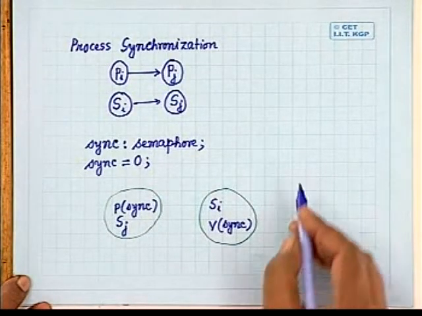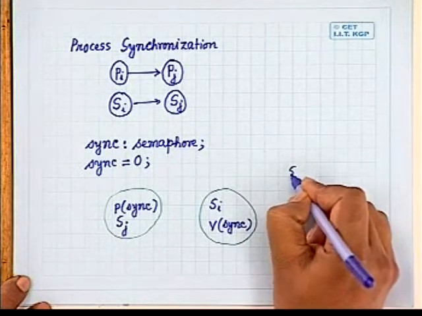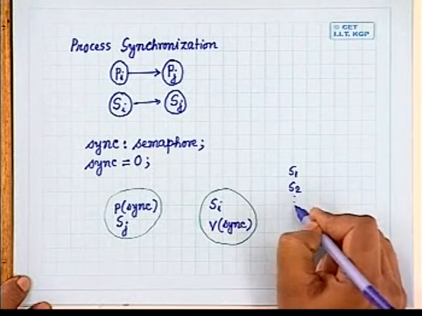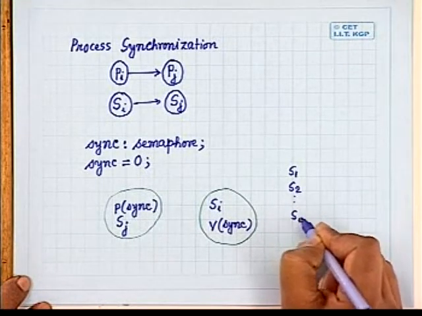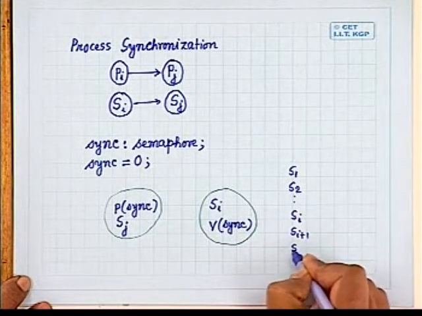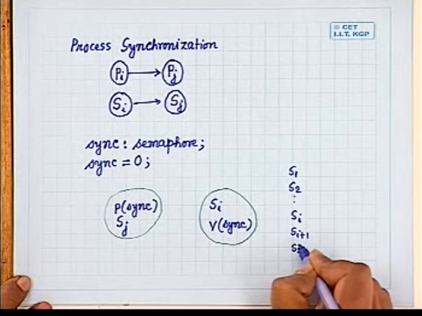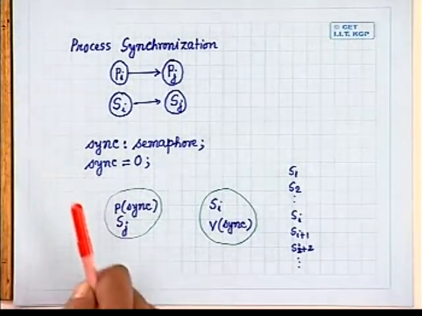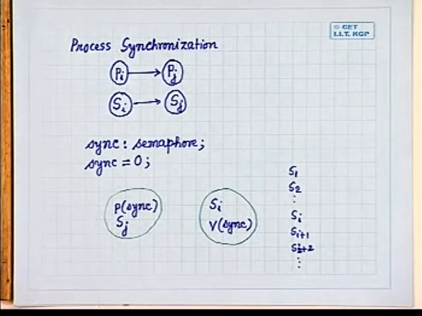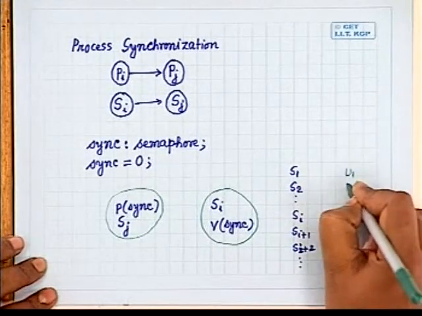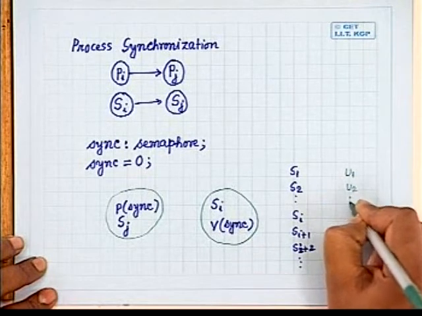So I can have a situation like this. For a process, say 1, I can have statements S1, S2 like this, statement say Si, then Si plus 1, Si plus 2, and so on. For the other process, we can have statements say U1, U2 like this.